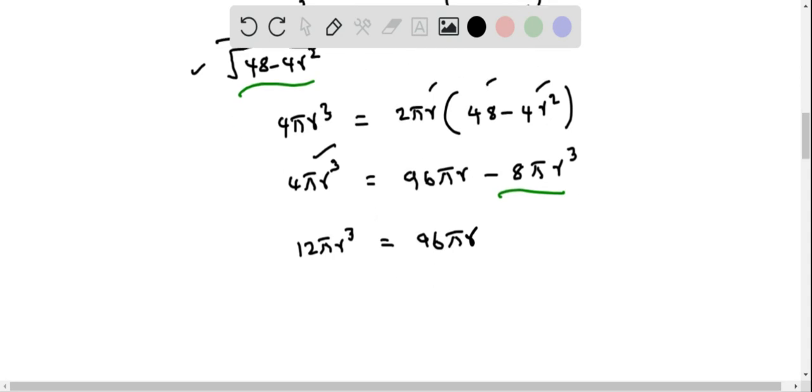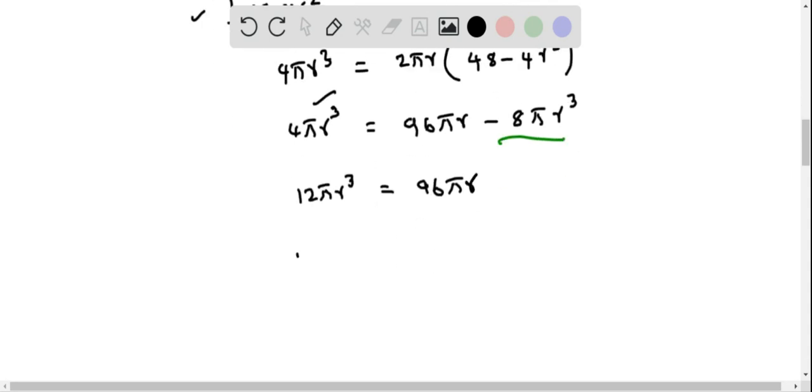and then subtracting 96 pi r from both sides, we get 12 pi r cubed minus 96 pi r equals 0. We factor pi r from both terms, so I'm factoring pi r.